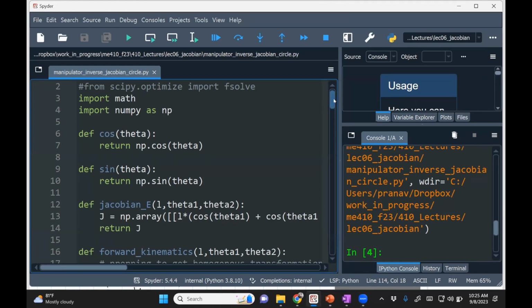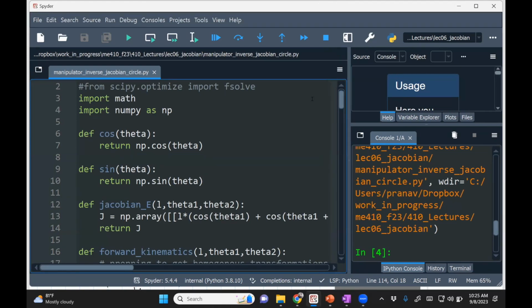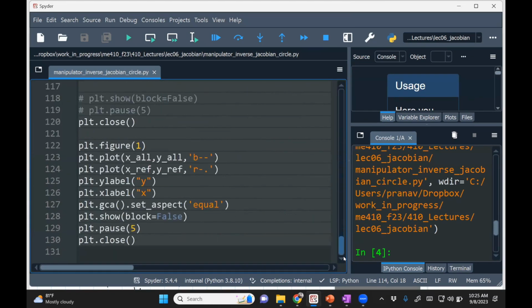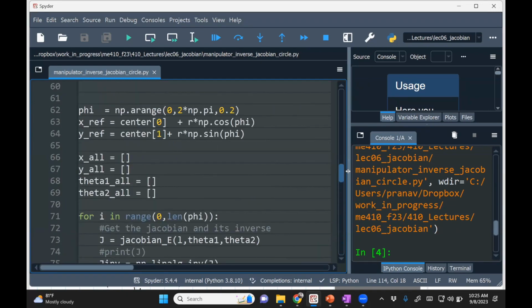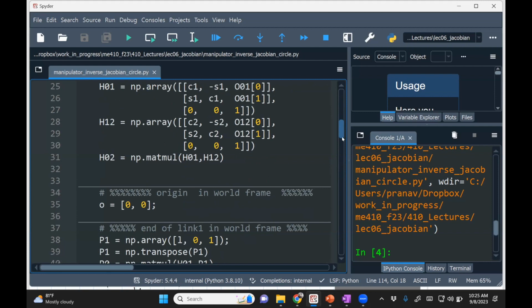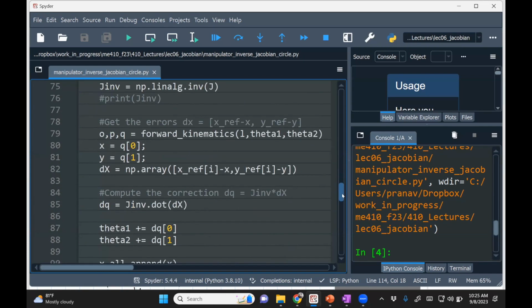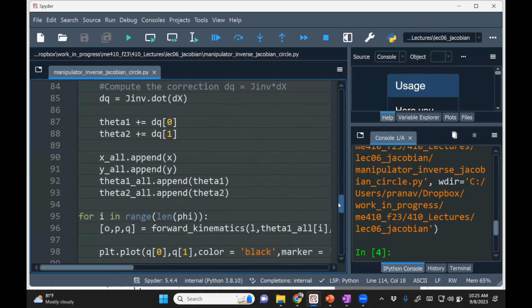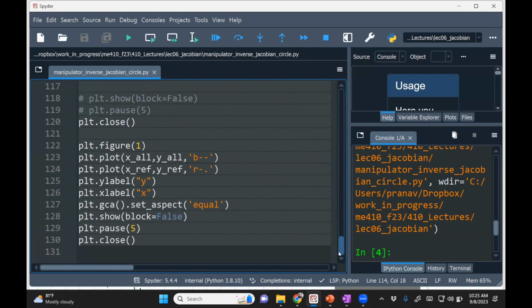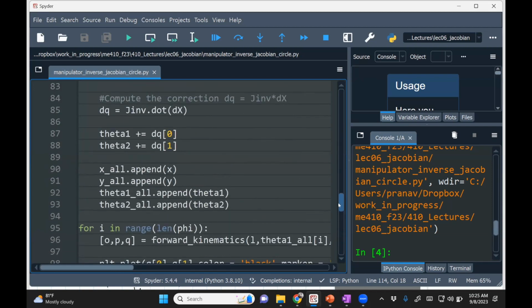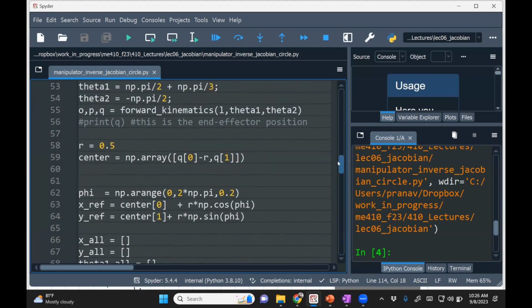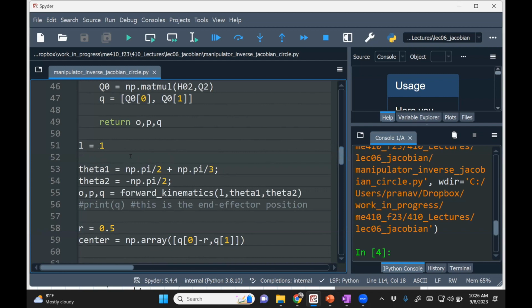Okay, so I'll quickly run through the code. It's about 130 lines, and a big chunk of it is the animation, from line 95 onward, about a third of the code. There are a few helper functions. I initialize the angles.